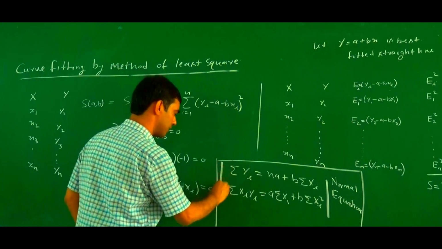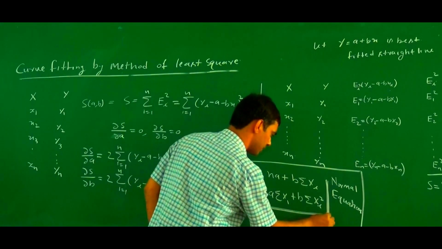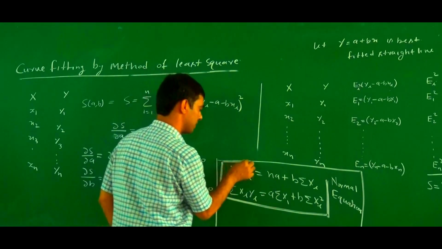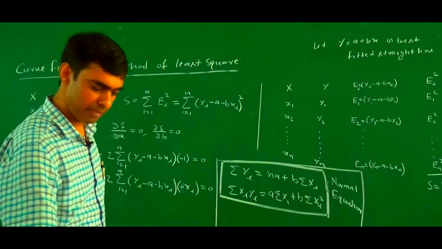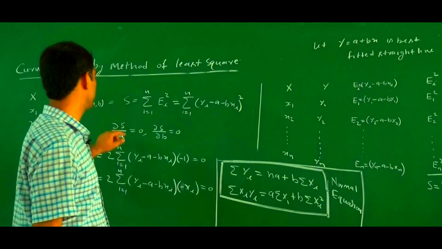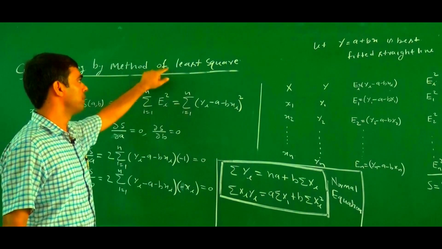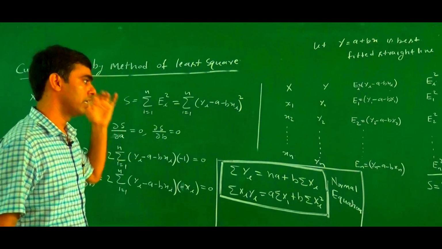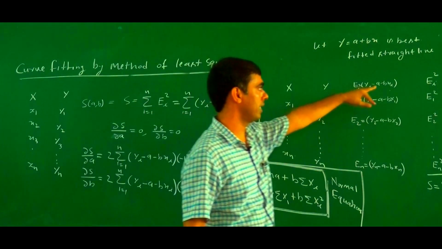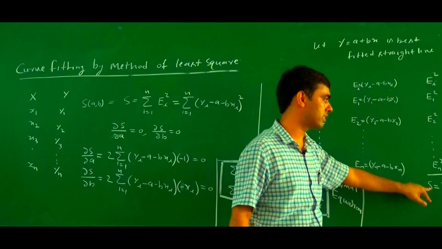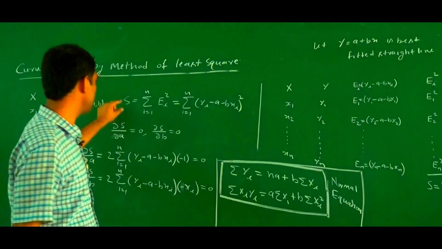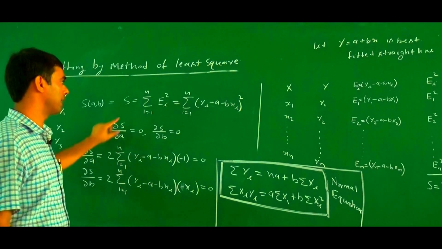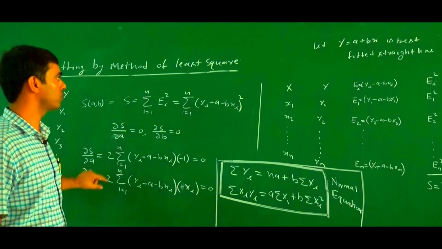To solve a numerical problem, there is a need to remember these normal equations. Why is this called the method of least squares? Here we find the square of the error, the sum of the square of the error, and then we minimize the sum of the square of the error.